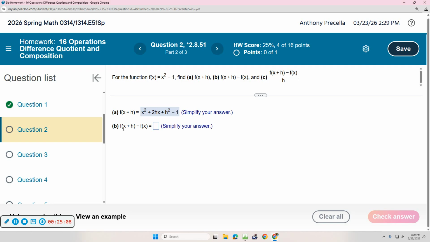Now part B. Here's something. You're going to use the answer in part A to answer part B. And you're going to use the answer you find in part B to answer part C in a moment. This is progressive. As we move from one answer to the next one, you use the previous answer each time.